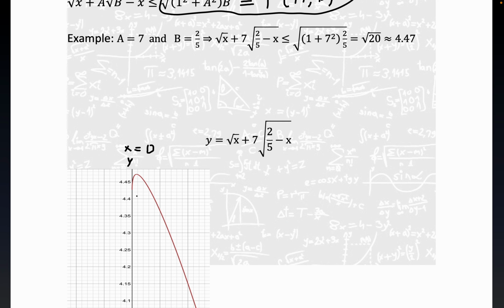The y-intercept is somewhere down in there, and let's see what we get. If x is 0, you would get y from this guy right here, just going straight above it. This part's 0, so y is equal to 7 times the square root of 2/5. Whoops, let me erase that.